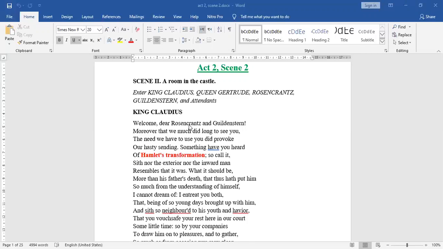The first part deals with the king, when he has summoned Hamlet's childhood friends, Rosencrantz and Guildenstern, to find out why Hamlet has changed so drastically.